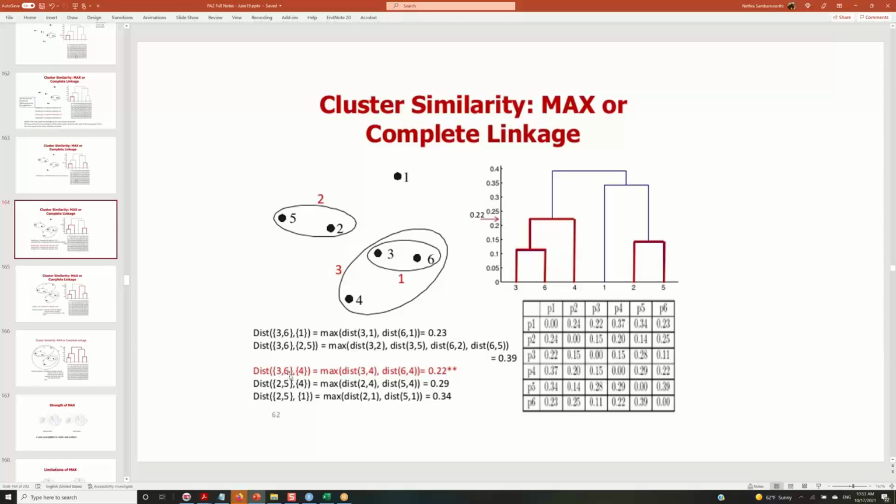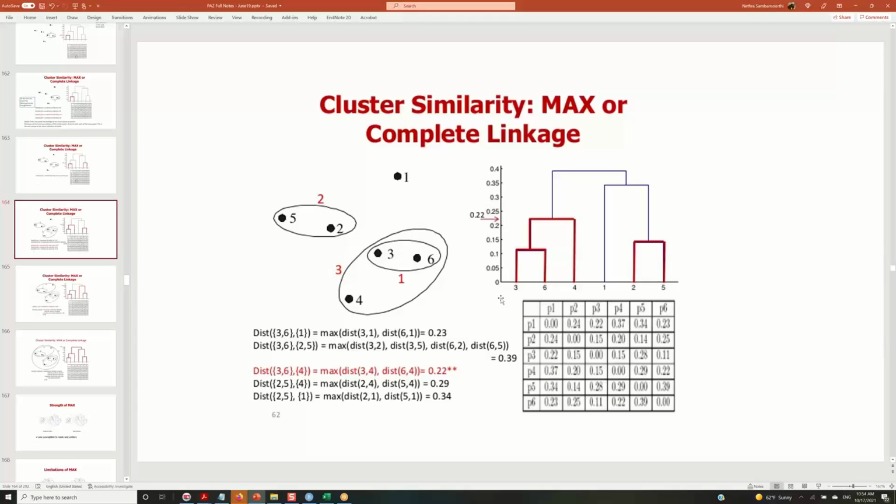And then next one is 3.6 to 4, that is 0.22. And then 2.5 with respect to 4, that is 0.29. 2.5 with respect to 1, that is 0.34. So among all these things, the minimum is what? 0.22, right? So the next one should be 4 joined with 3.6.